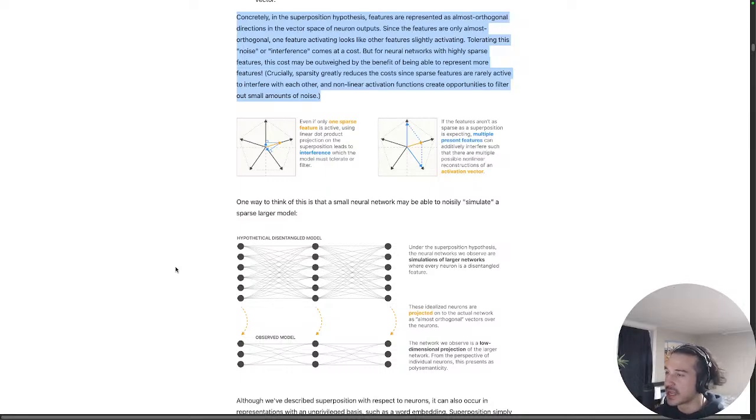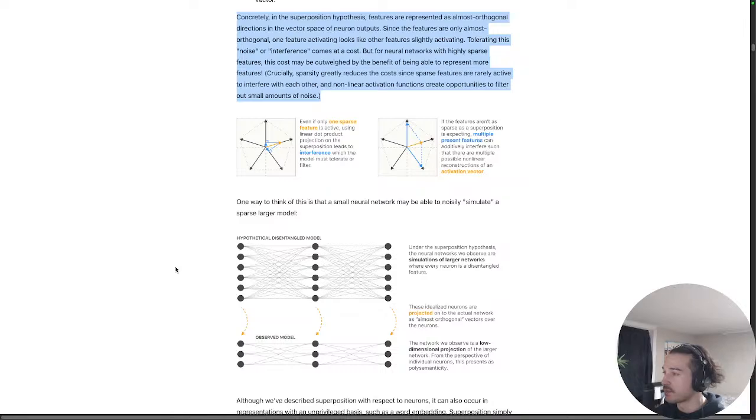And reading it again, even if only one sparse feature is active, using linear dot product projection on the superposition leads to interference, which the model must learn to tolerate. Yeah, and there are some interference lines coming off and making orthogonal lines with 2 of the other feature lines, I believe. Yes.